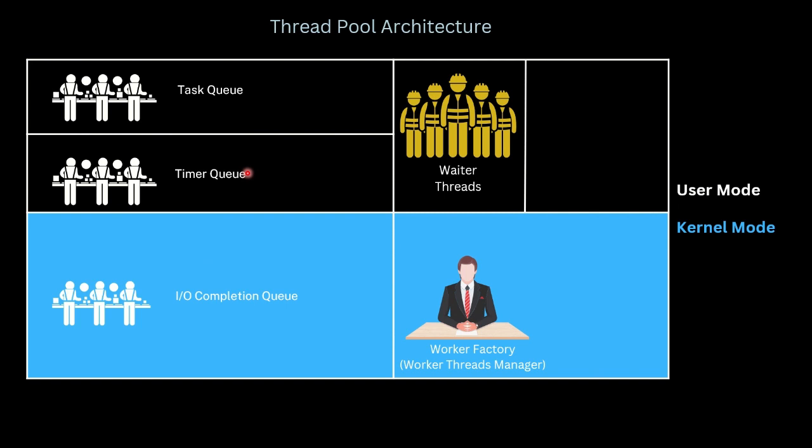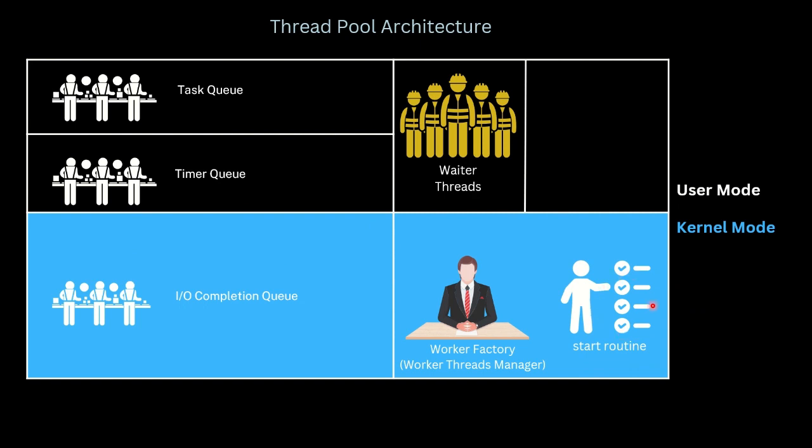So if there are fewer threads, this worker factory will create threads and immediately assign them from the pool to the application, the process that is running. If some thread is sitting idle, it will tear down, it will destroy that thread. So like this, the worker factory is managing the worker threads that are working on the process.